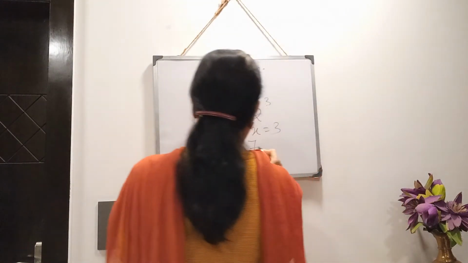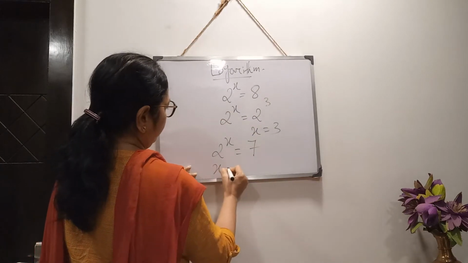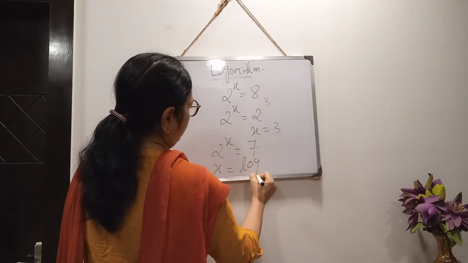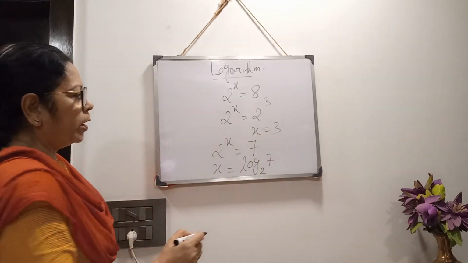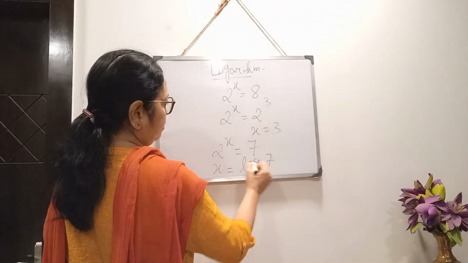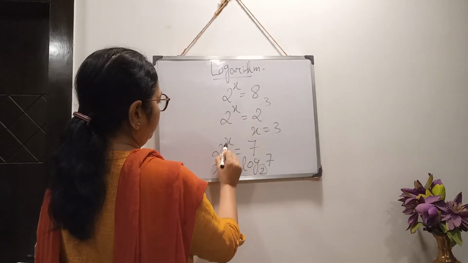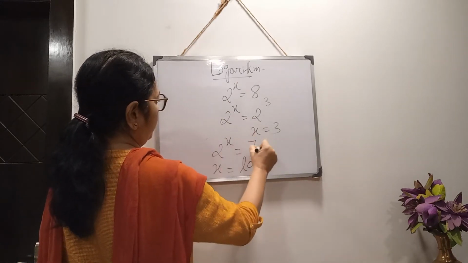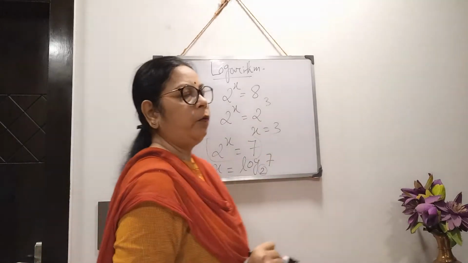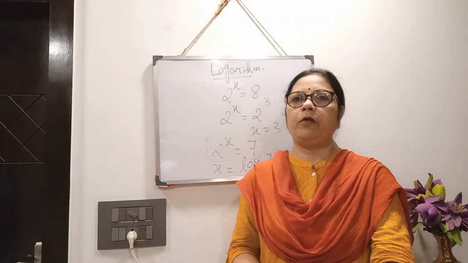So from here we can write x equals log 7 to the base 2. What is this? It is called the base. So x equals log 7 to the base 2. To solve this type of equation, we have to take the help of log.